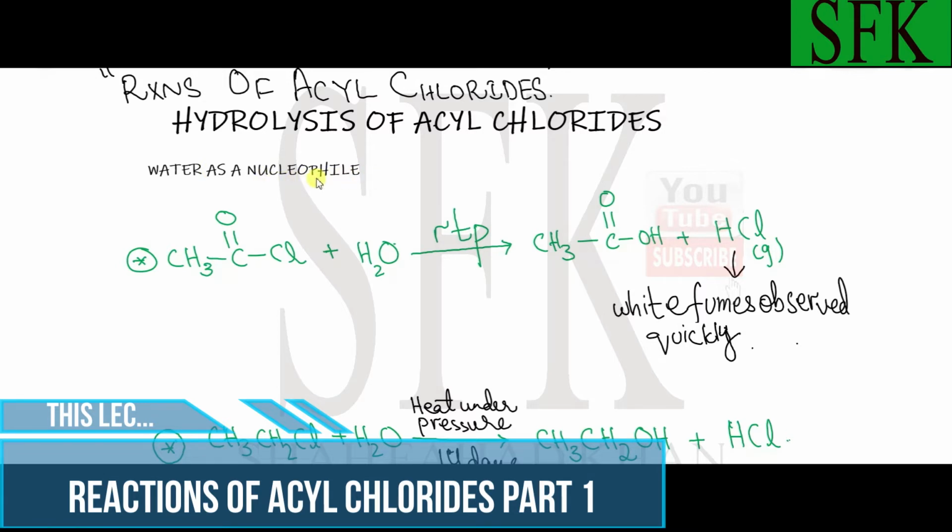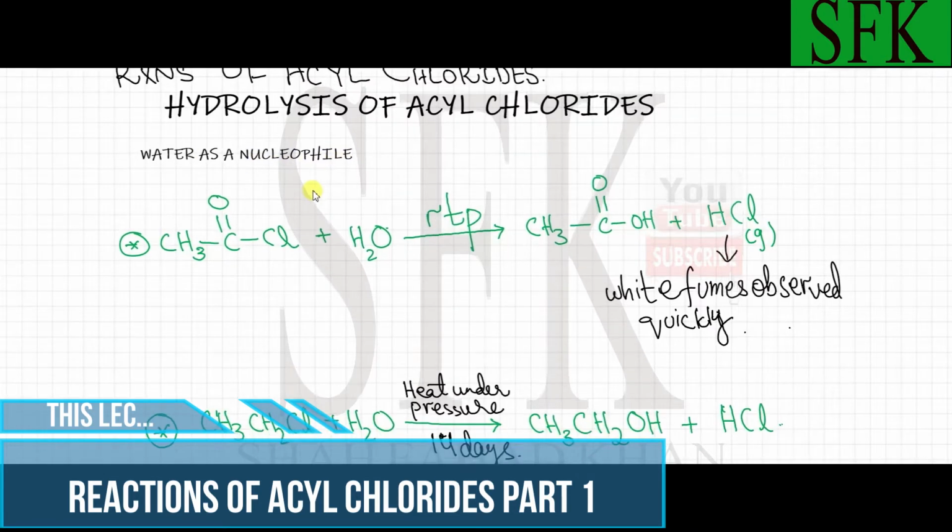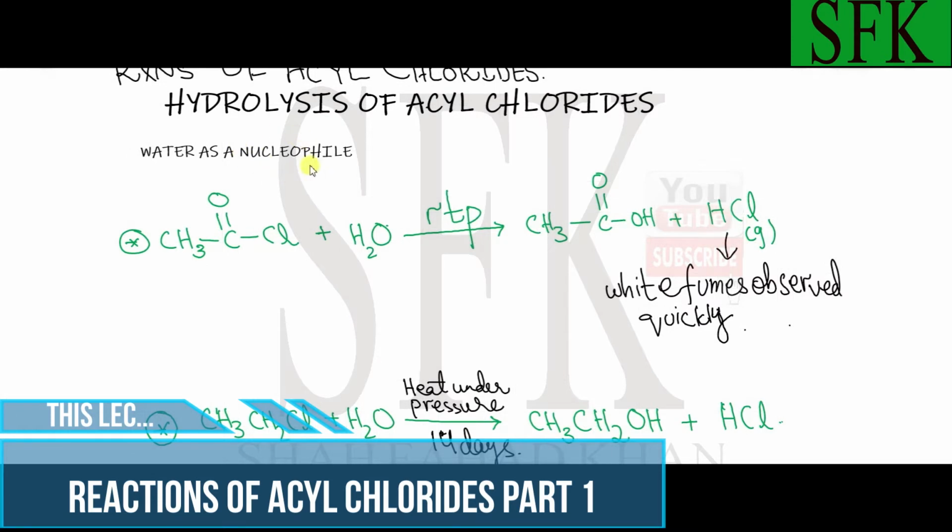A nucleophile is any species that is a nucleus lover. Basically, nucleus lover means that the positive nucleus contains a positive charge. So this species is basically attracted to positive or partial positive charge.